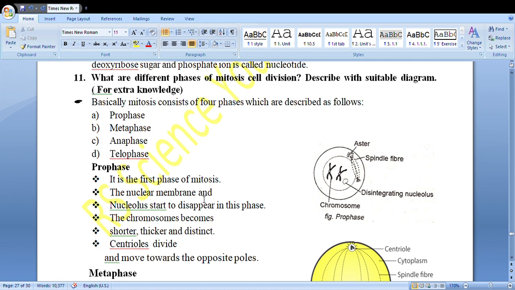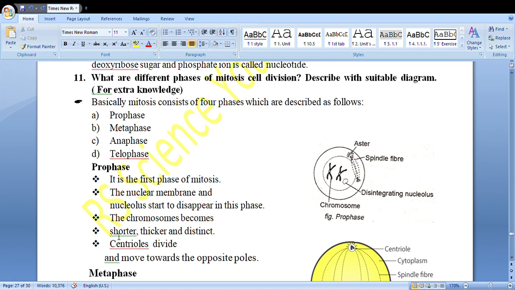The nuclear membrane and nucleolus start to disappear in this phase. Chromosomes become shorter, thicker, and distinct.